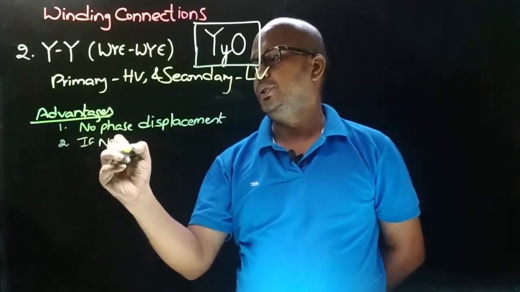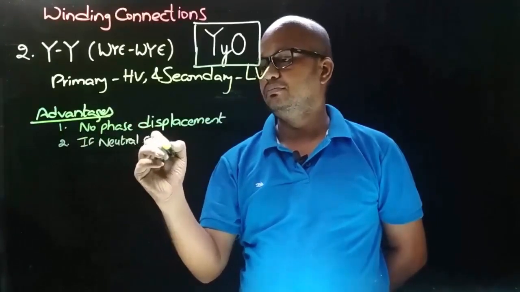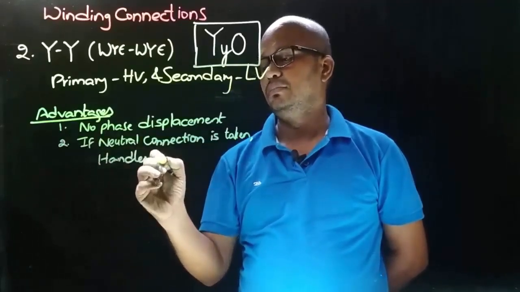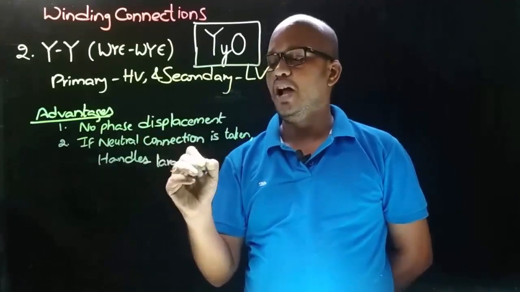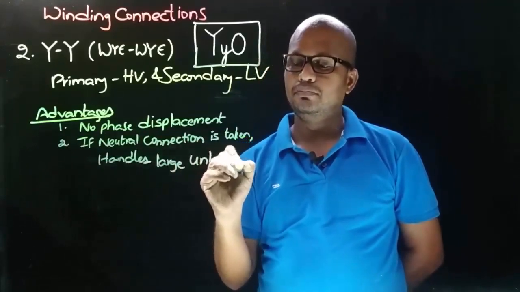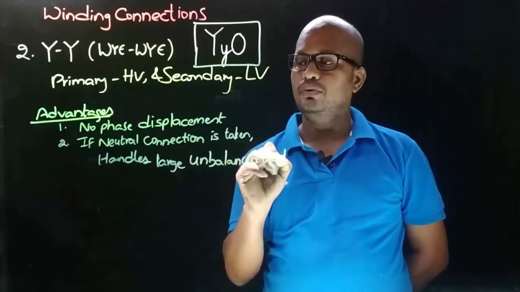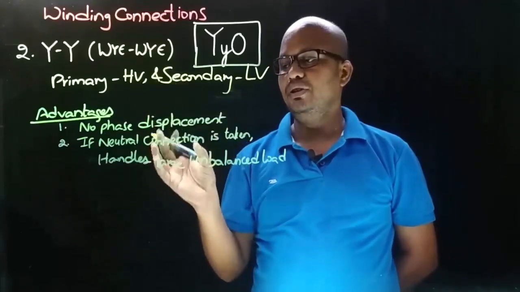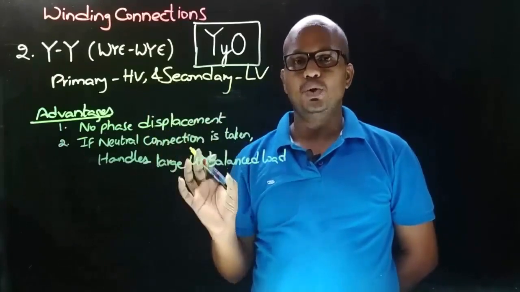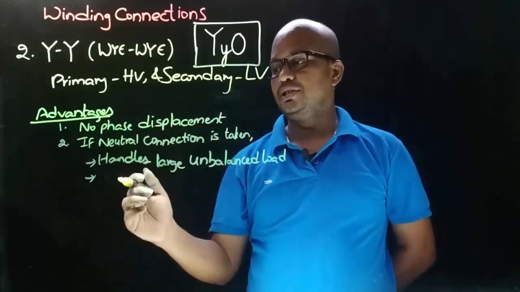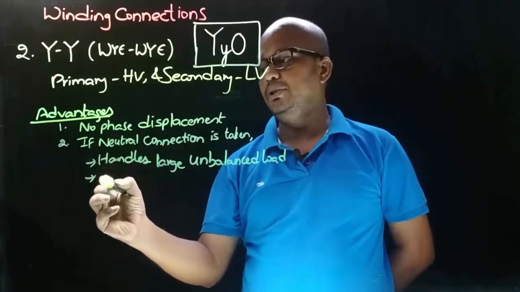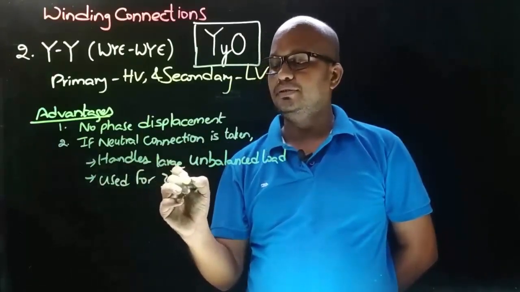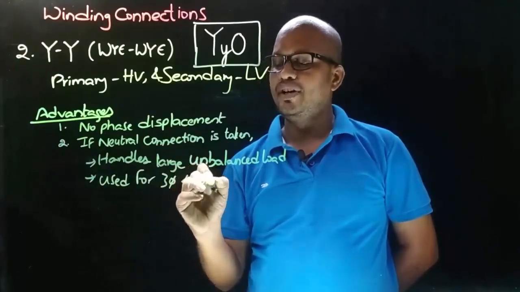And if neutral connection is taken, it can handle large unbalanced load. So if neutral connection is there, then the star-star connection can be used for large unbalanced loads, and if the neutral connection is taken, then it can be used for supplying the three-phase 4-wire system.